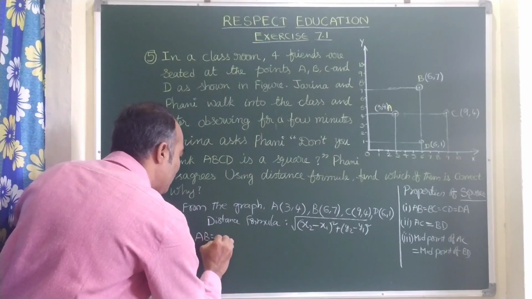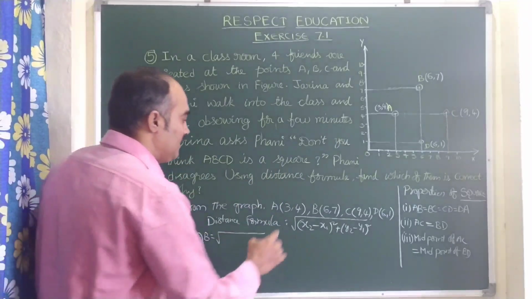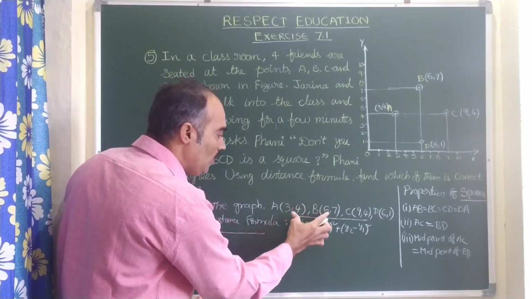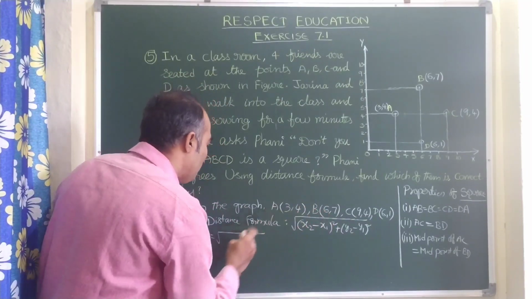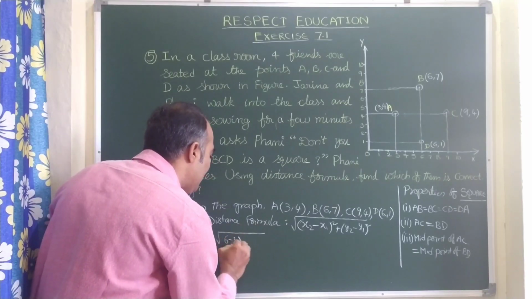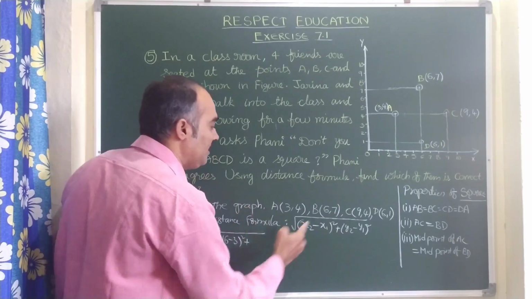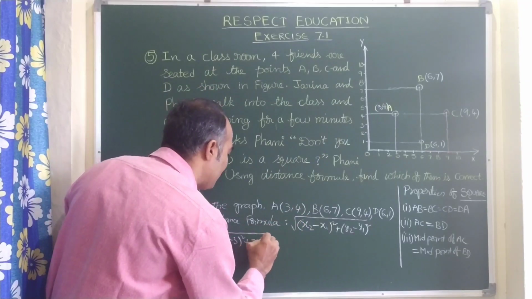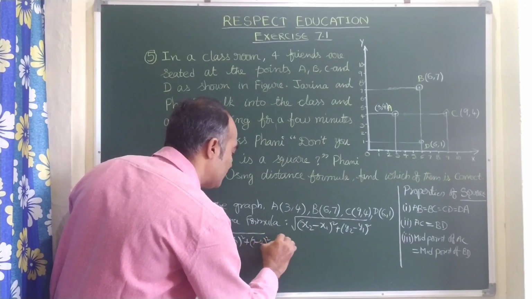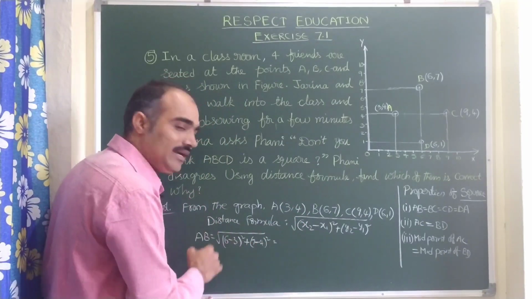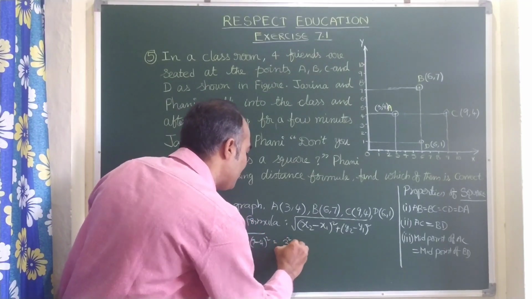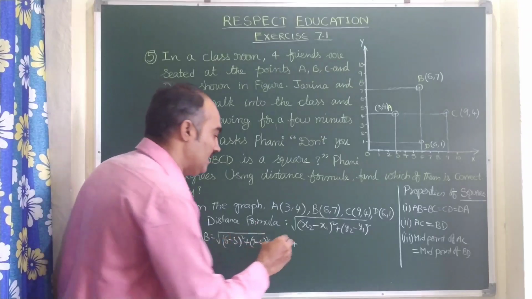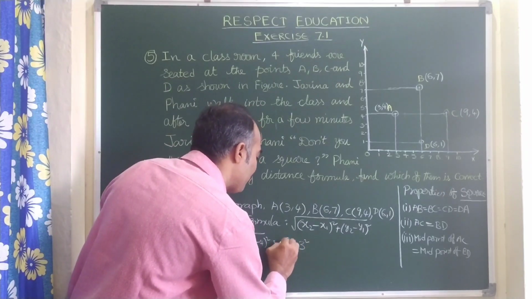AB is equal to under root, taking only AB, x2 is 6, 6 minus 3 whole square plus 7 minus 4 whole square. 6 minus 3 is 3, 3 square plus 7 minus 4 is 3, so that is also 3 square.